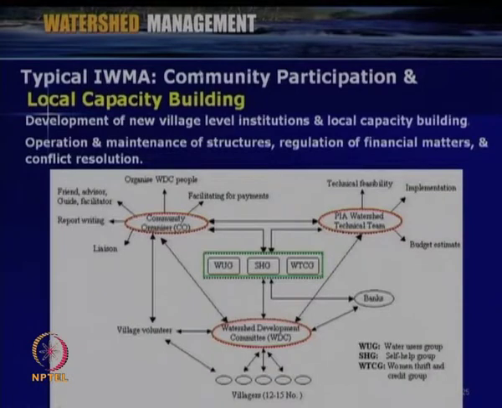The integrated watershed management approach involves development of new village level institutions, local capacity building, and then a holistic development plan. It can start with a village, then watershed development committees, then water users groups; various users groups can be formed, so that we can go for appropriate watershed development plans.